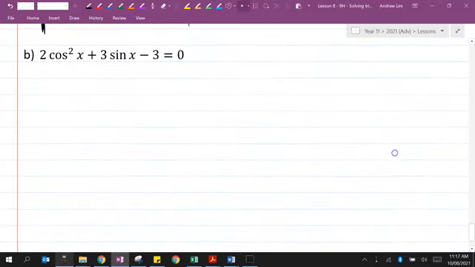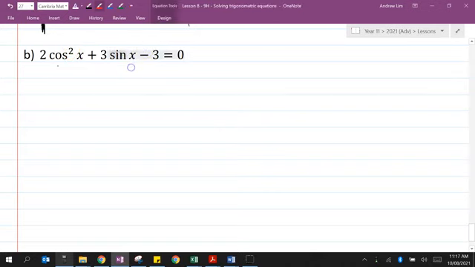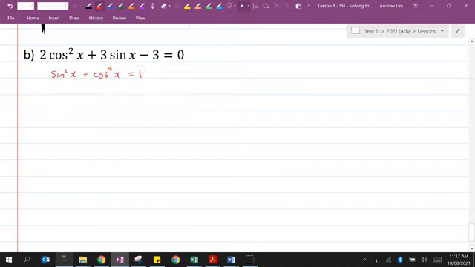Alright, and last one, we've got 2 cosine squared x plus 3 sine x minus 3 is equal to 0. Here we see that we've got a squared, we don't have a squared here, and they're both different. We've got cosine and sine. So I'm going to remember my trig identity, that sine squared x plus cos squared x is equal to 1.